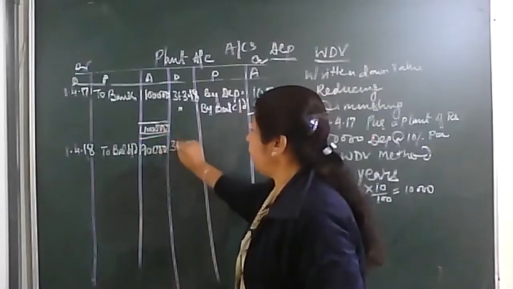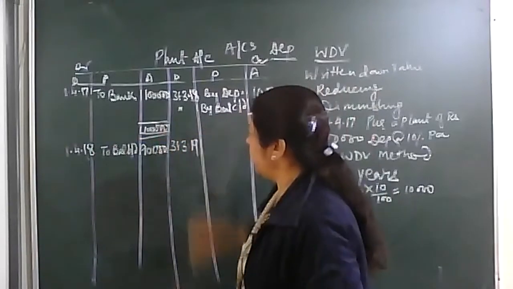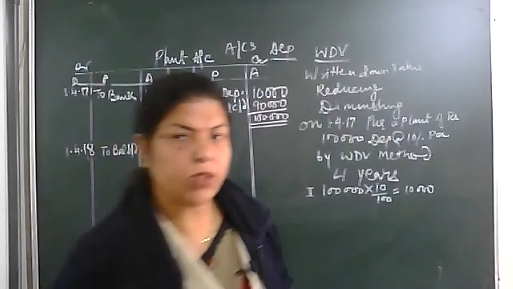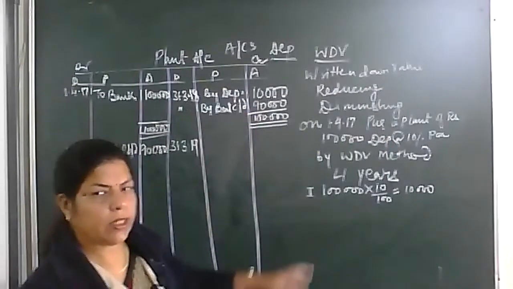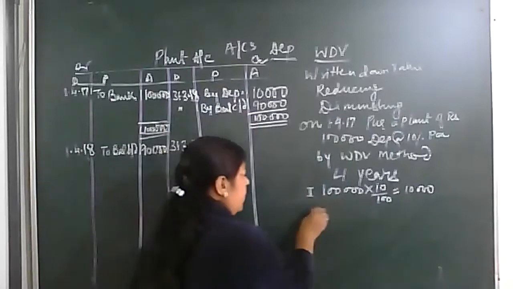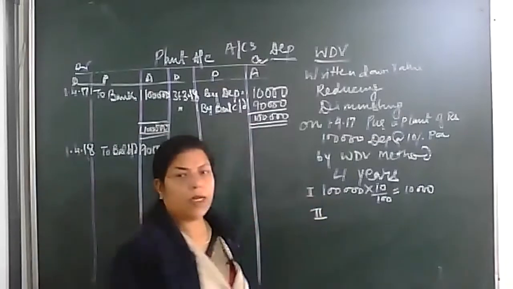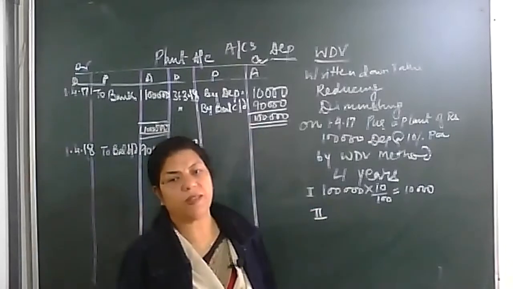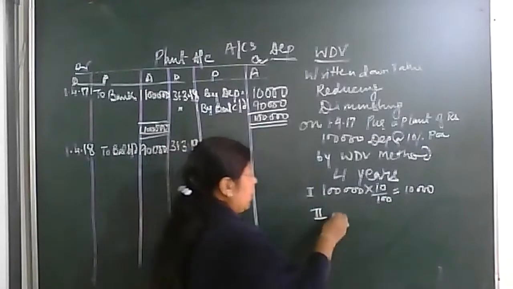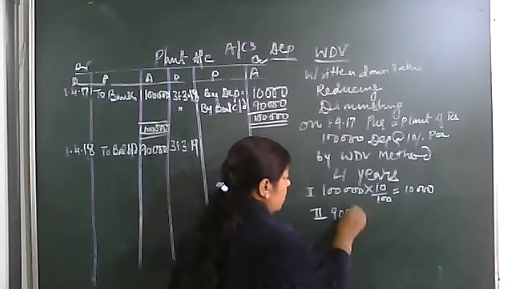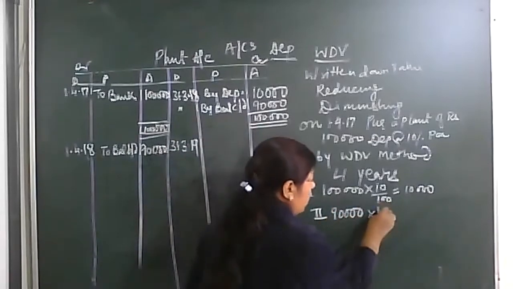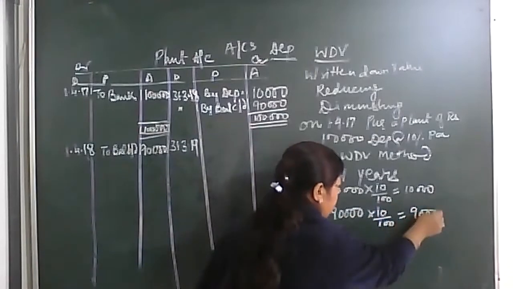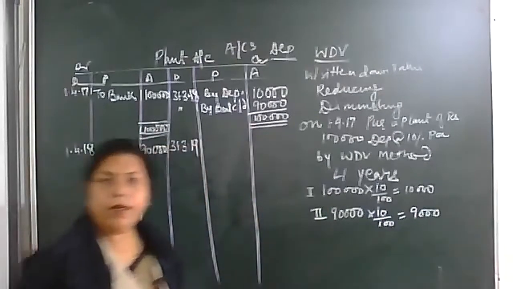Then 31st March 19. This is the second year. What will be the amount of depreciation? Look at the screen. Now this is not the fixed method, so the depreciation will not be the same. Now the depreciation will be on 90,000 into 10 upon 100, that is 9,000. Clear?